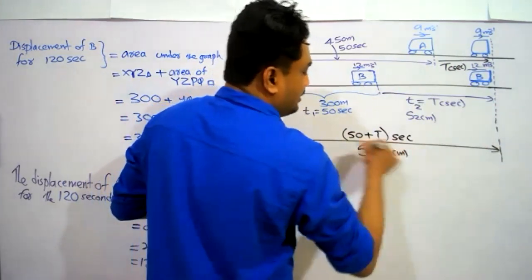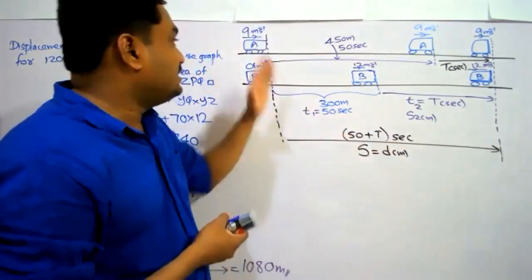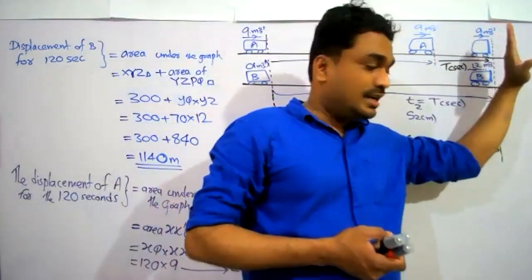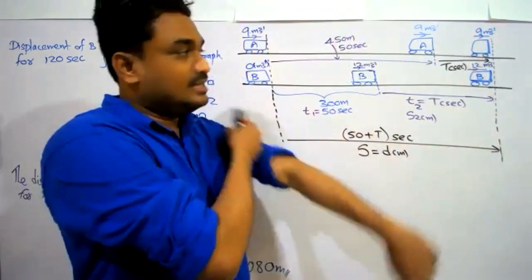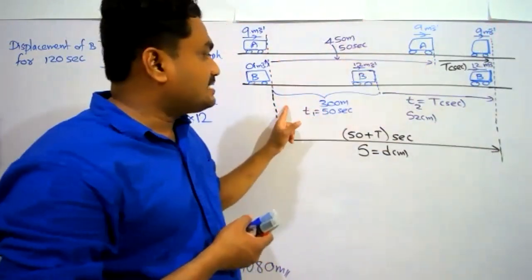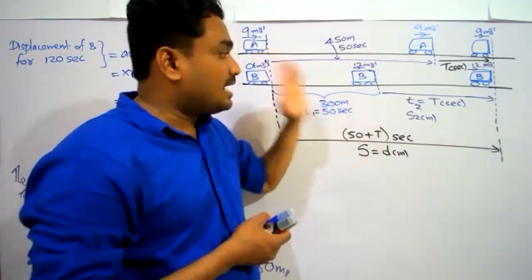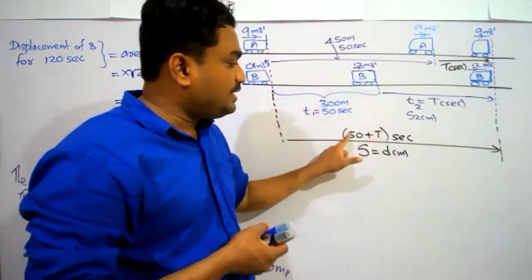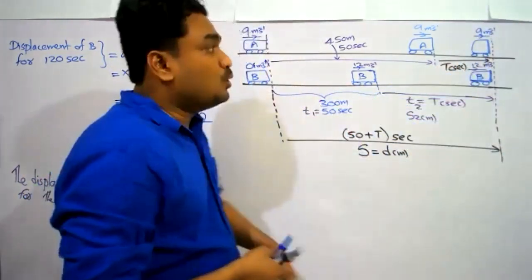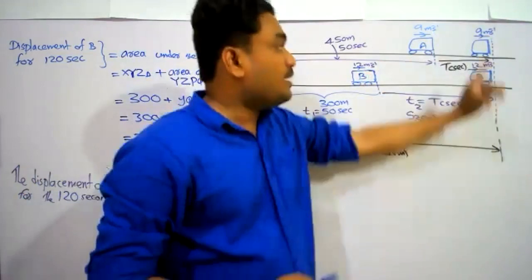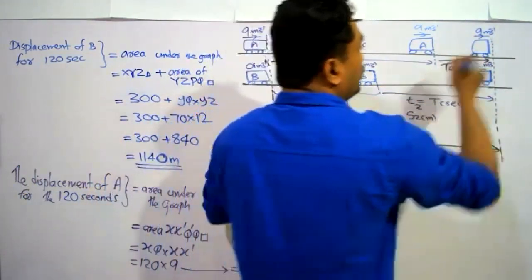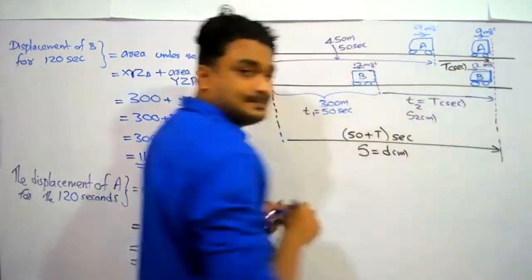They start the motion at this point and reach the same point after 50 plus T seconds. After 50 seconds, A has a displacement of 450 and B has 300 meters, but after 50 plus capital T seconds both have the same displacement. Now B has a larger velocity than A, therefore B will overtake A at this point.